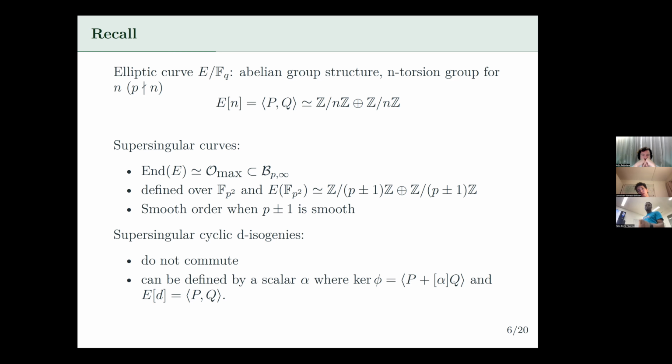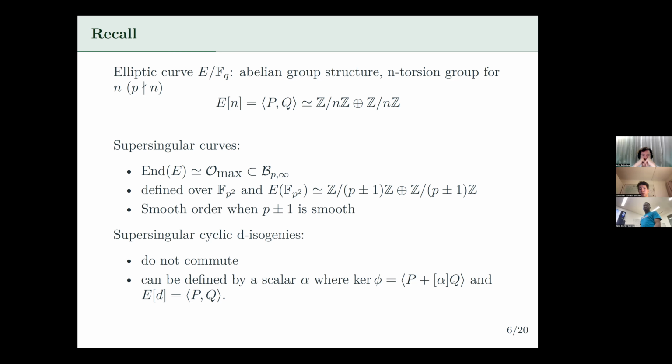Because if you choose p such that p+1 or p-1 has a smooth part that is large enough, then exactly this smooth part will correspond to your smooth torsion defined over Fp squared. Supersingular cyclic isogenies don't commute in general. And if you take a supersingular d-isogeny, then the kernel can be represented in the form P plus alpha Q, where P and Q is a well-chosen basis.